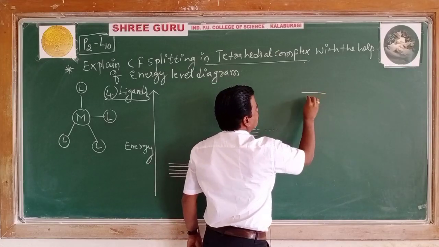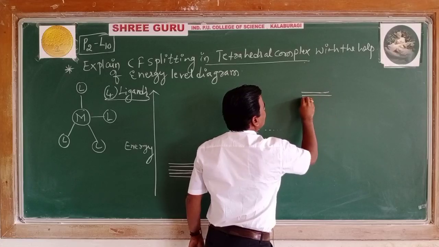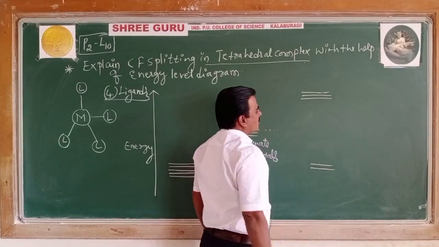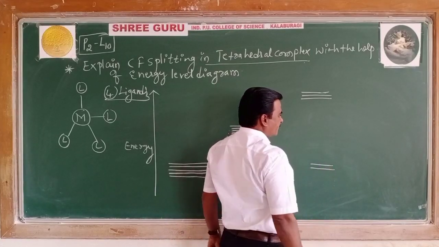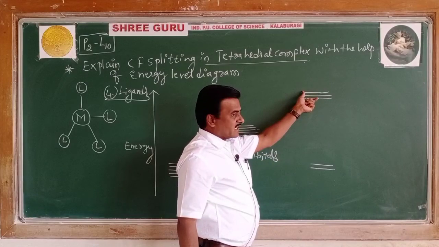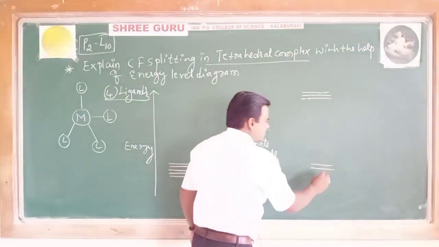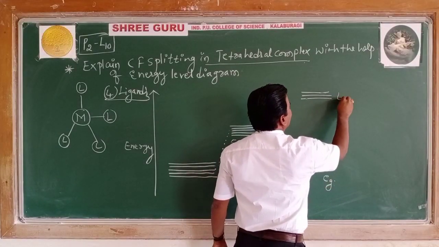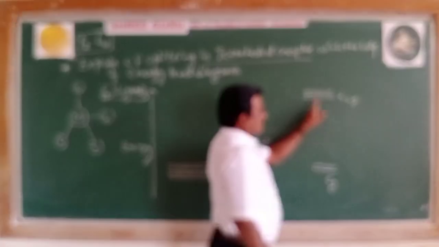What is reverse? Here you have 3 and 2. This is called T2g, just the reverse of octahedral. This is Eg, this is T2g.